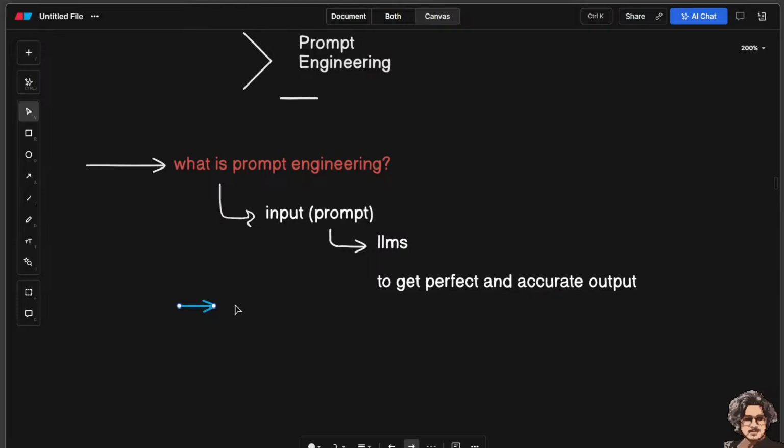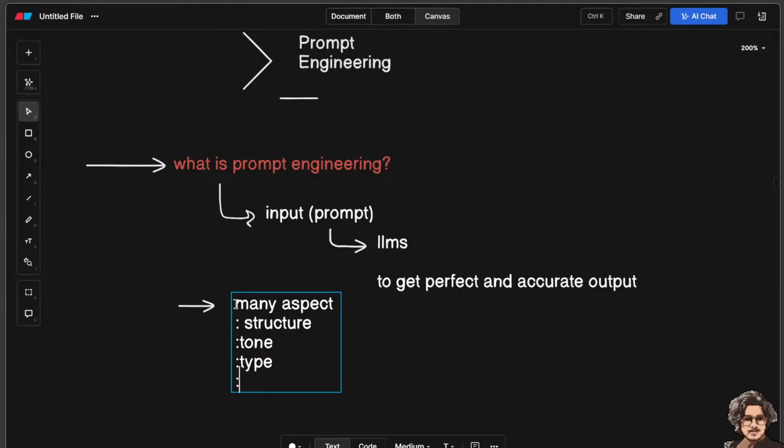It involves iterative refinement, considering aspects like structure, tone, and task type. We have to consider many aspects: first of all, the structure, the tone of that input, the type of that input, and the output format we want.